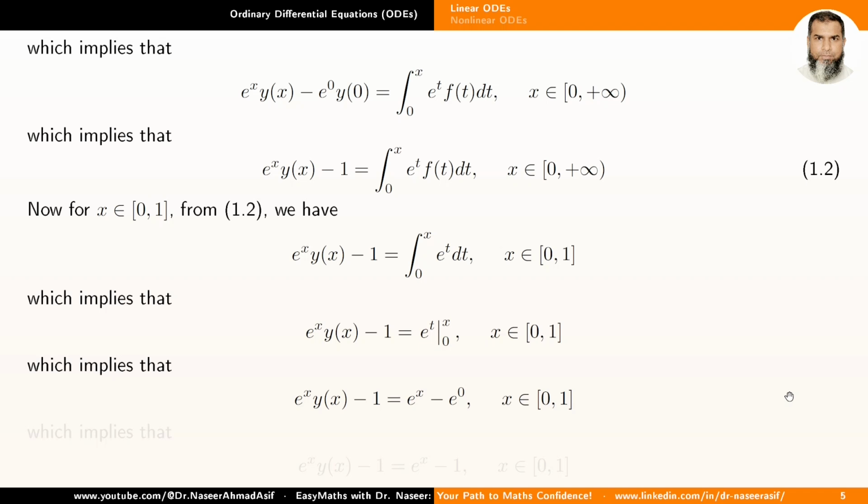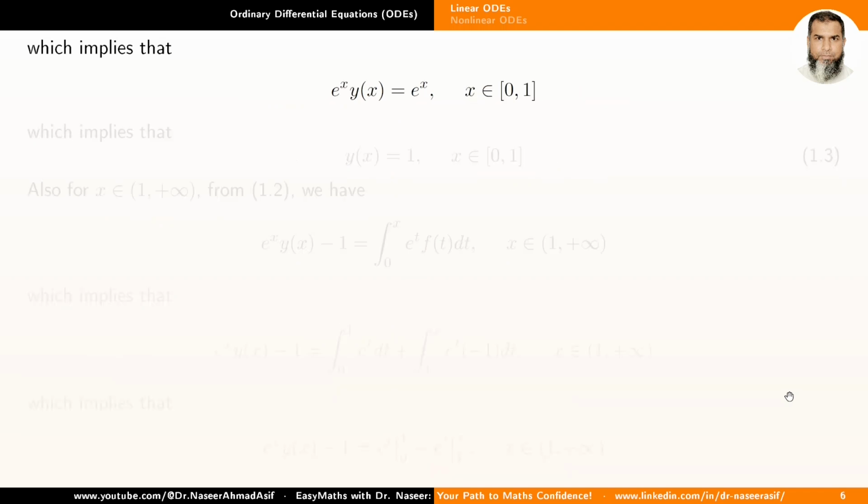So y(x) = 1 for x in the closed interval 0 to 1.